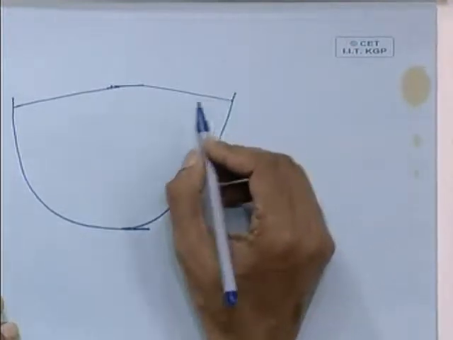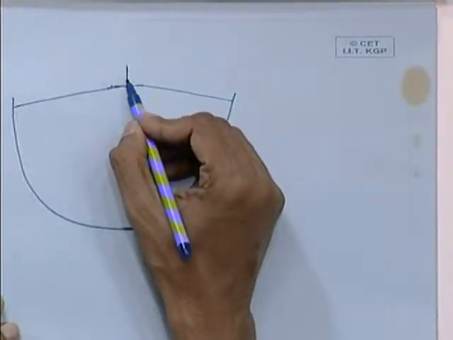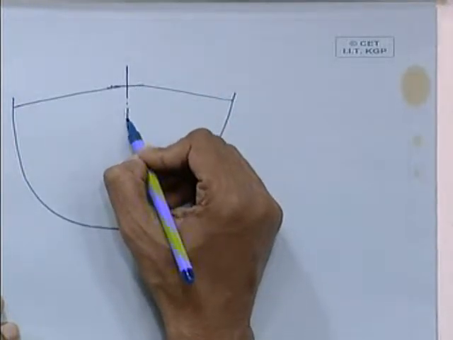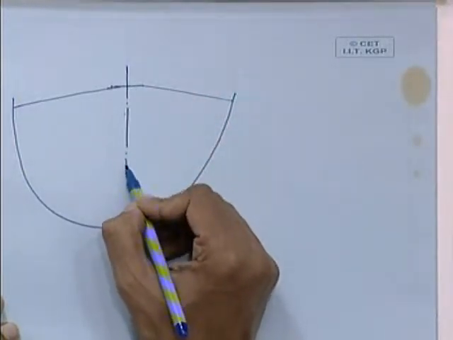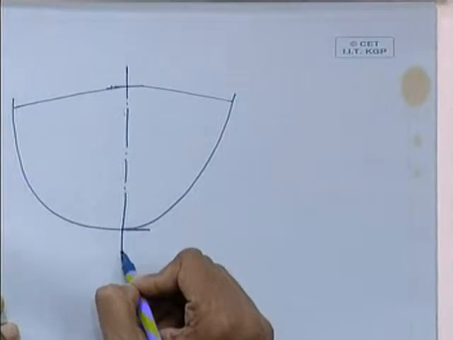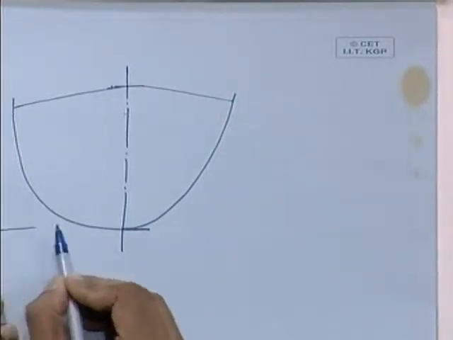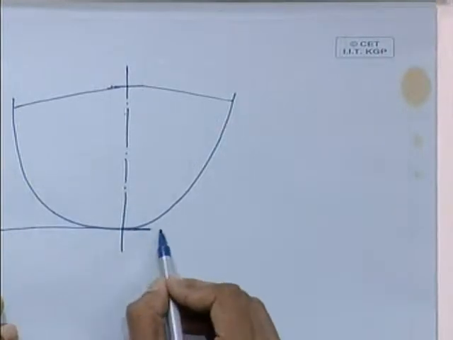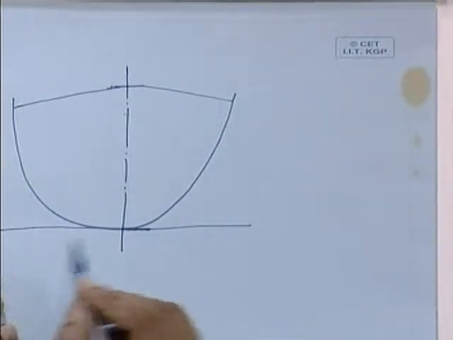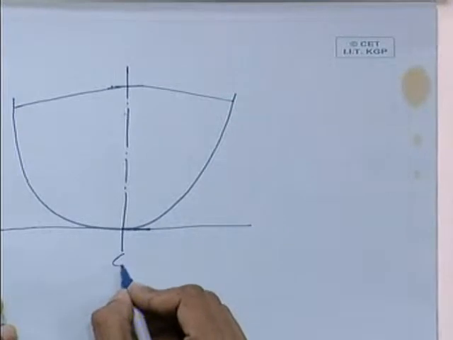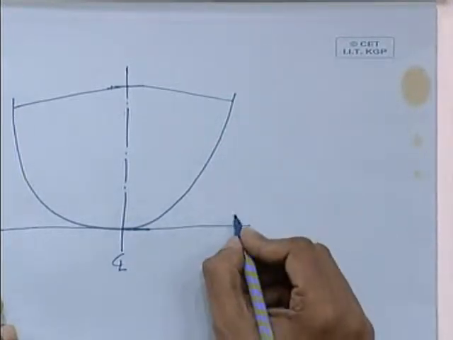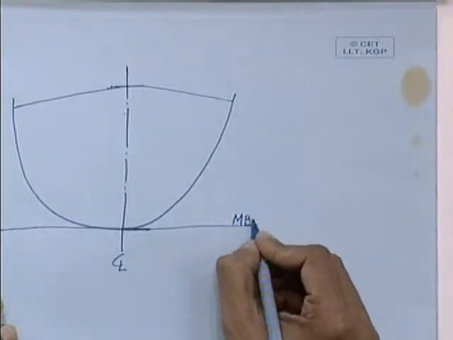So here this is your center plane or center line which you may draw, and whenever you are drawing, first you draw this vertical center line, so that gives the reference line, and the other reference line is your molded baseline.